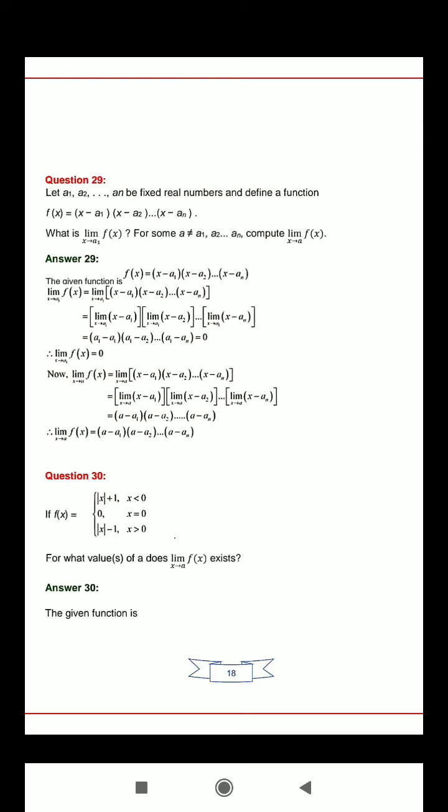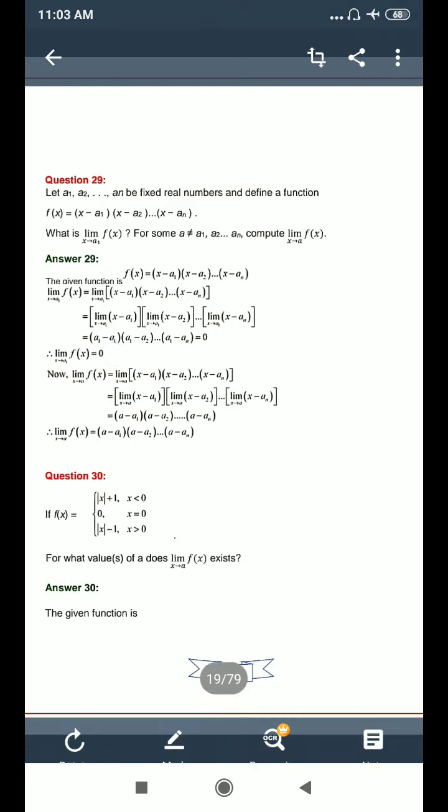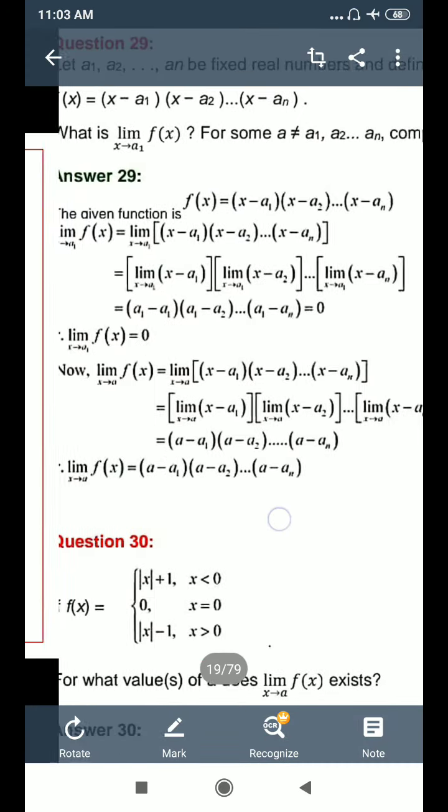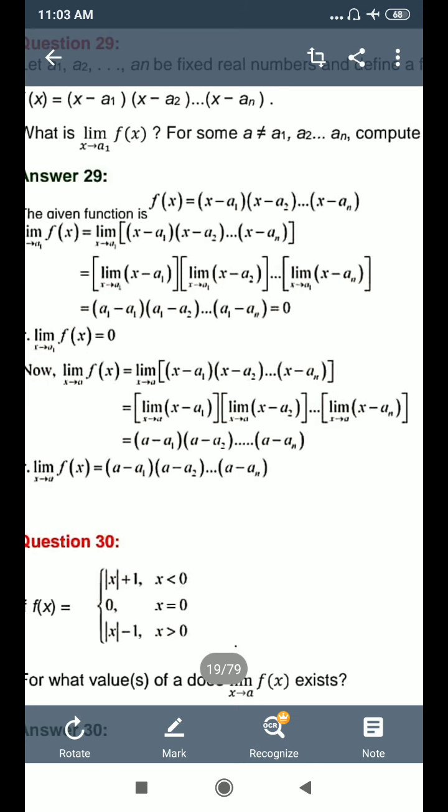In limit x tends to a1 f(x), you put x equal to a1, meaning I will replace x by a1 in this whole expression. So the first one, x minus a1, will become 0. As this first factor becomes equal to 0, the value of this whole limit will be 0 only.